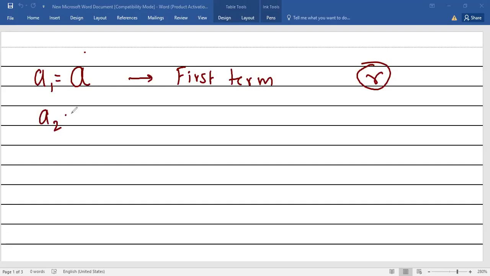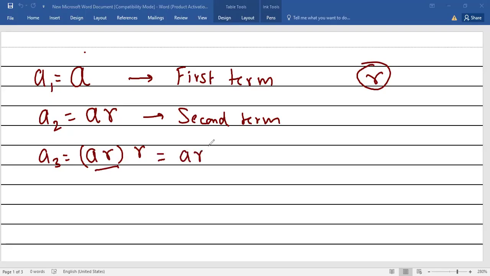Then our second term will be first term into r. How have we obtained this? We have multiplied the first term with the common ratio to get the second term. Similarly, the third term will be obtained by multiplying r with the previous term. That is, ar is the previous term and we are multiplying r to it. And we will get ar squared. This is the third term.